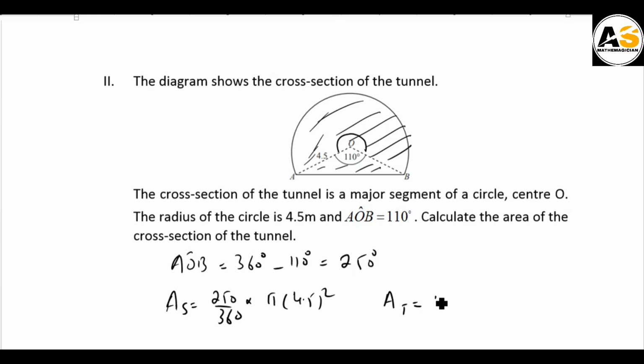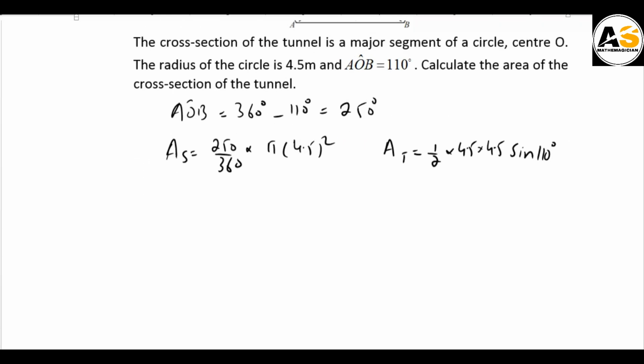This will be 1 by 2 into 4.5 into 4.5 into sine 110 degree. Area of sector will be 44.1786 and area of triangle will be 9.5144.